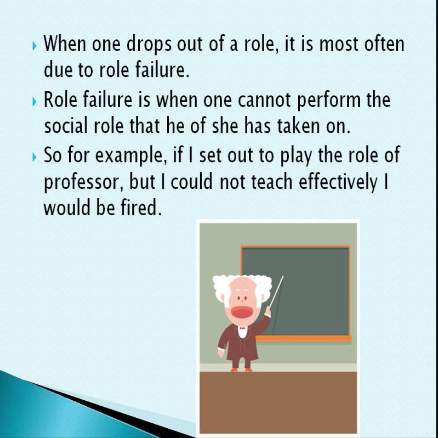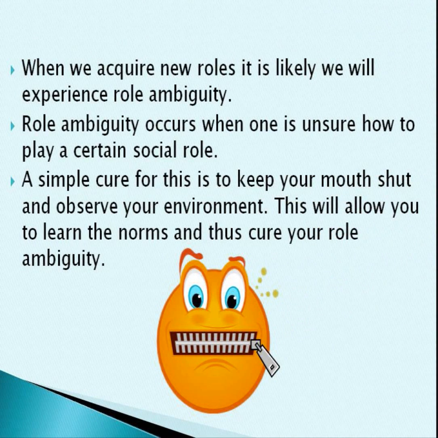Another reason to drop out of a role is that you experience some sort of role failure. Role failure, as its name suggests, is when one cannot perform the social role that he or she has taken on. For example, if I set out to play the role of a professor, but I could not teach effectively, I would be fired. We can easily drop out of roles and acquire new ones.